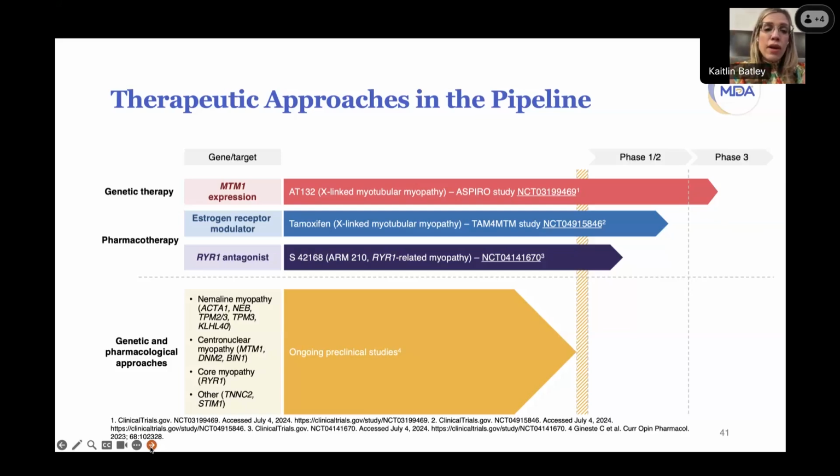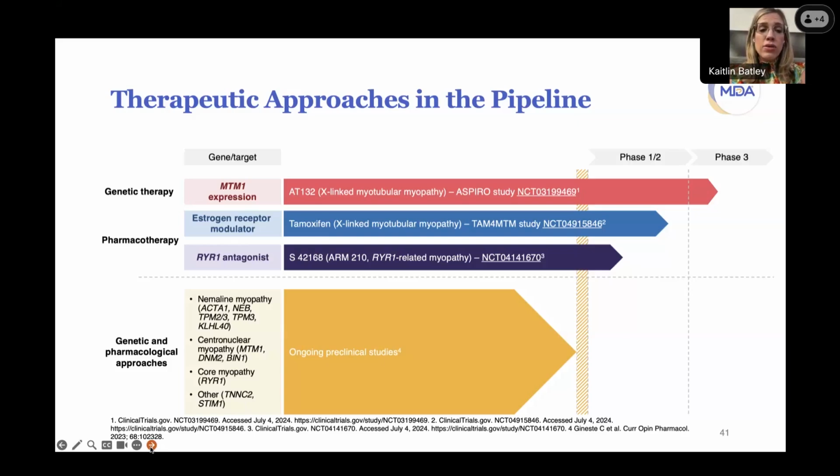I think one of the most well-known recent trials we'll go over on the next slides in a little bit more detail is an actual gene therapy or gene transfer therapy for myotubular myopathy related to MTM1. And this is called the Aspiro study. And so we'll go over that in a little bit more detail in a minute.